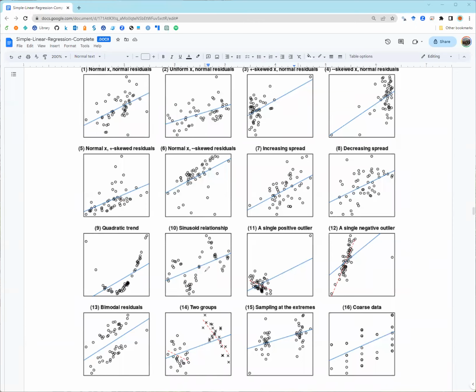Slightly more complicated situation here. You have this sine relationship or sinusoidal relationship here. So again, x is very predictive of y. It follows this oscillating pattern, but it's not a straight line relationship by any means. So linear regression and the correlation coefficient, not reliable here at all. Okay.